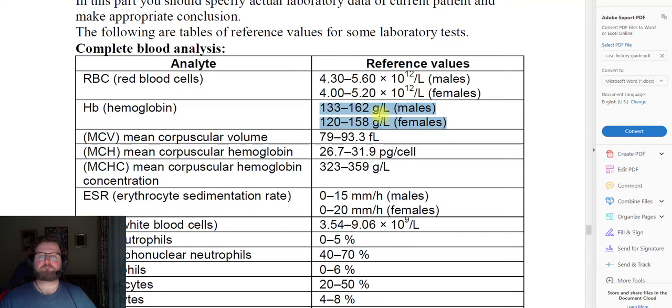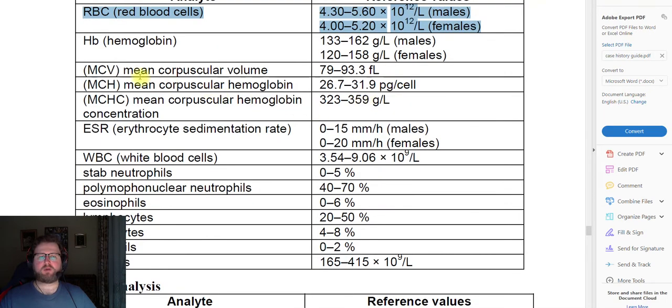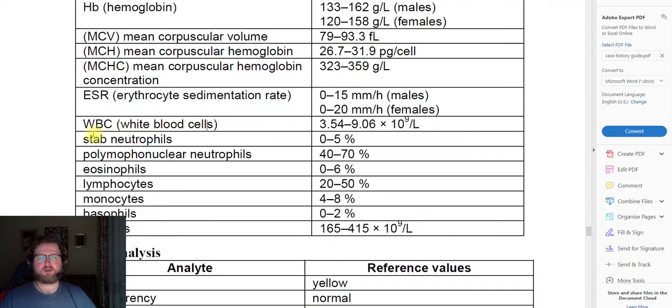Signs which will give you additional information in evaluating blood loss are the red blood cell count, mean corpuscular volume, mean corpuscular hemoglobin, and erythrocyte sedimentation rate. That's quite an old parameter, it's not mostly used nowadays, so we won't stop at that.